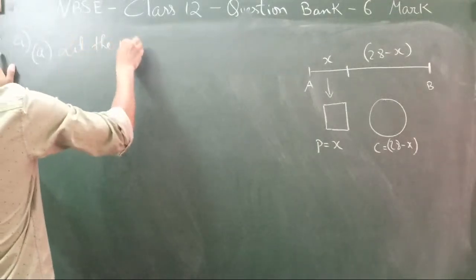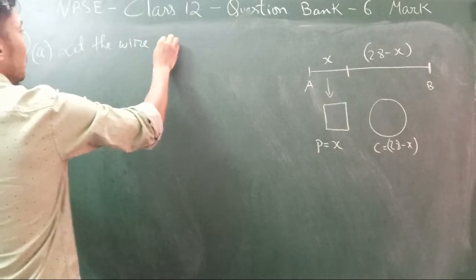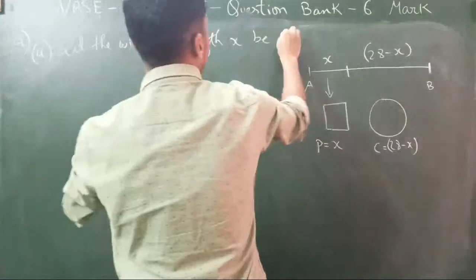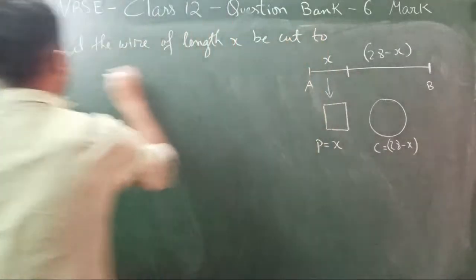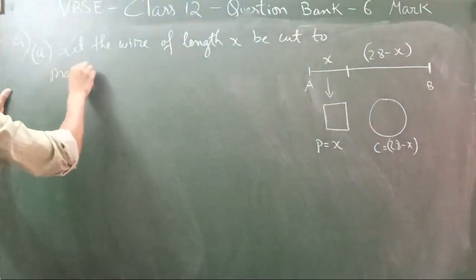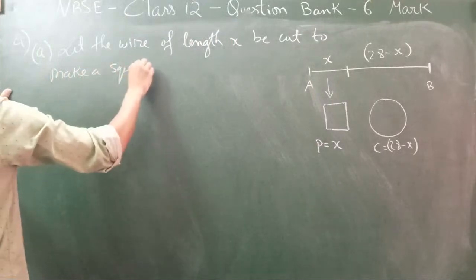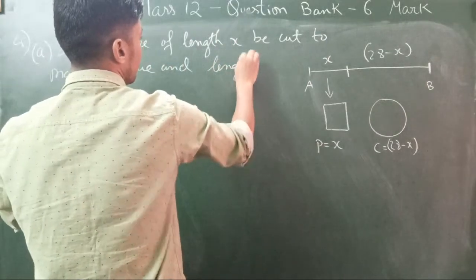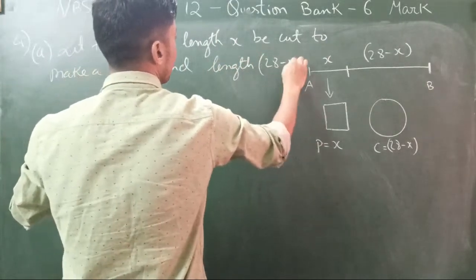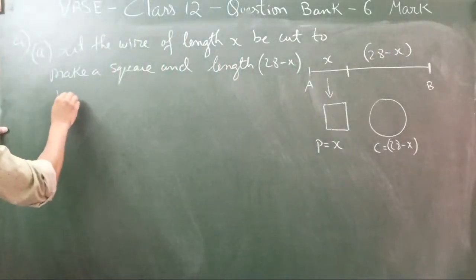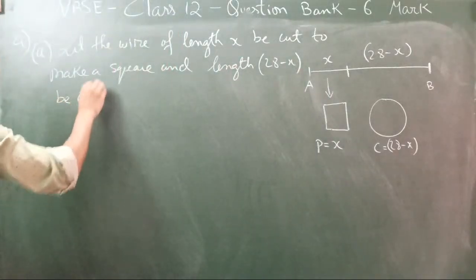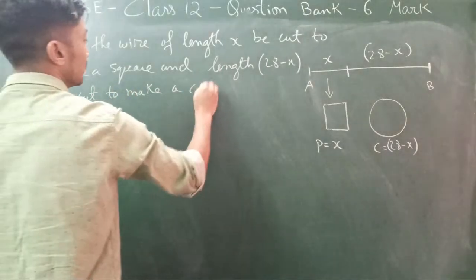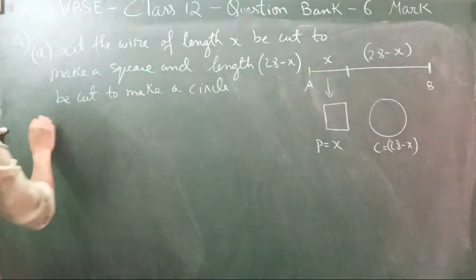Let the wire of length x be cut to make a square, and length 28 minus x be cut to make a circle.